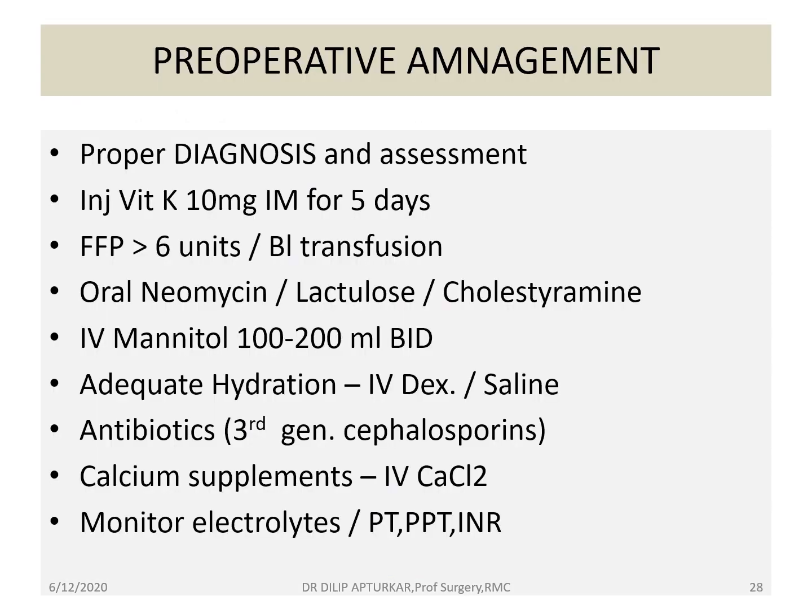Now, how to manage the case of surgical jaundice. Once you diagnose the case and the cause of the obstructive jaundice, initially we need to resuscitate the patient. We should give vitamin K 10 milligrams intramuscularly for 5 days to correct the coagulopathy. FFP is required, at least 6 units.